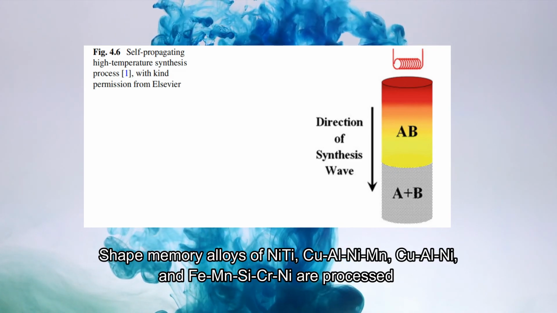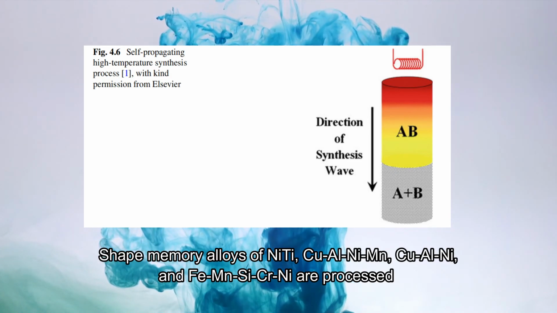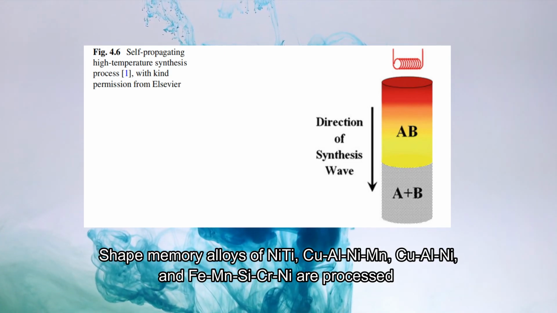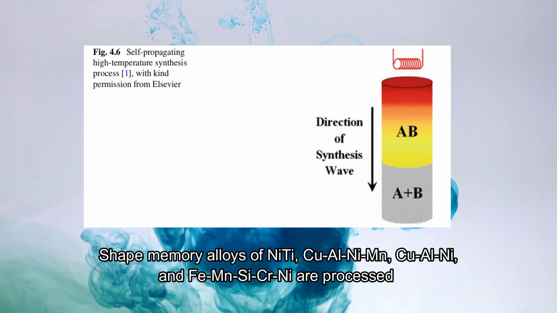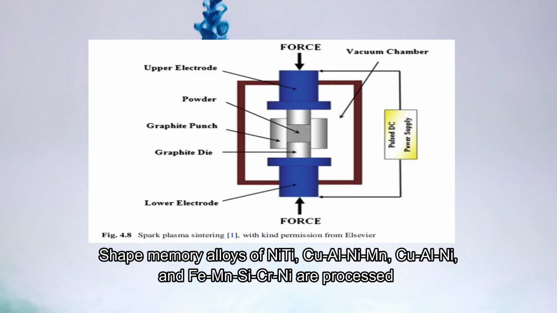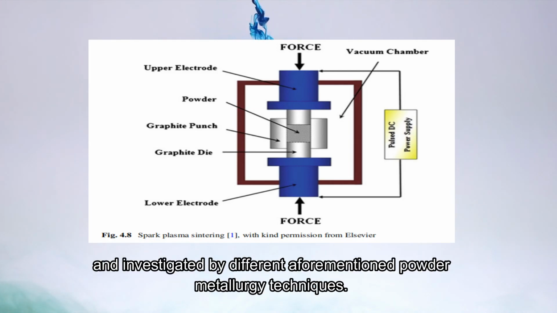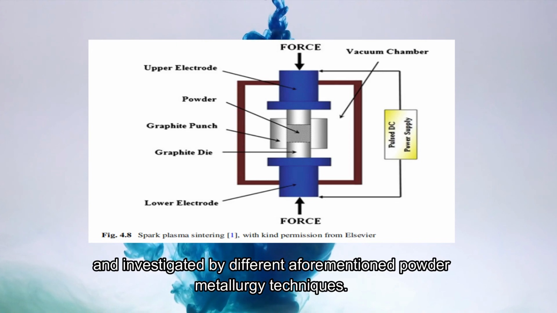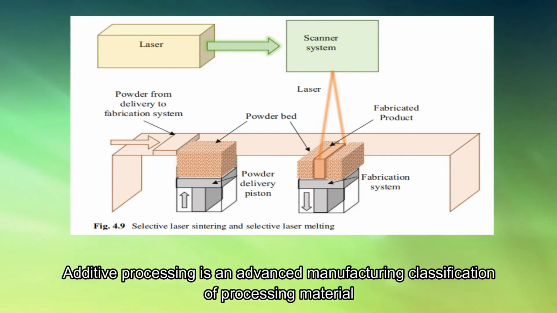Shape memory alloys of titanium-nickel, copper-aluminium-nickel, and iron-manganese-silicon-chromium-nickel are processed and investigated by the aforementioned powder metallurgy techniques.